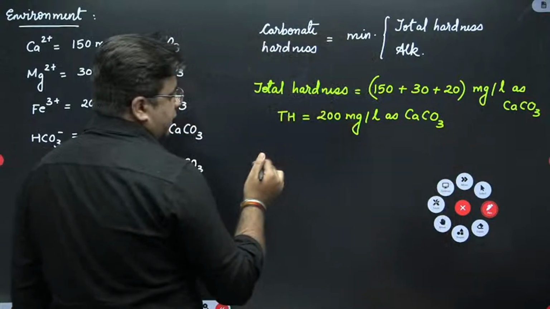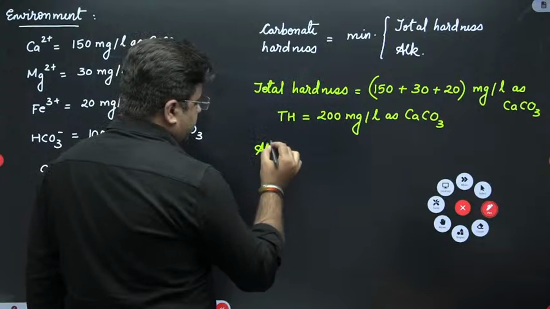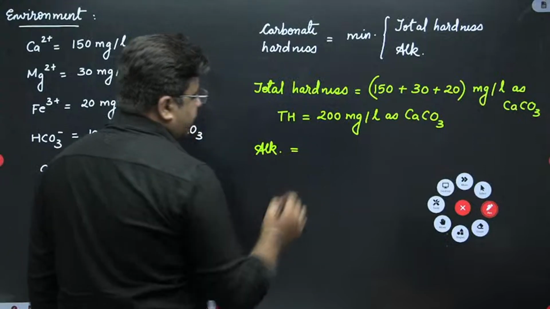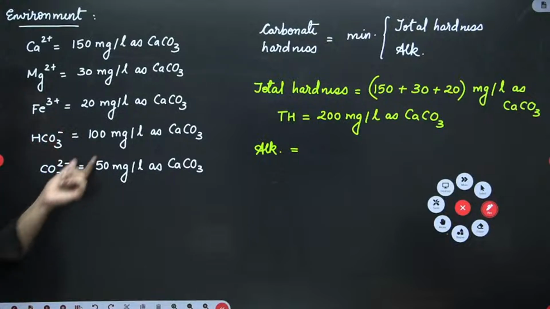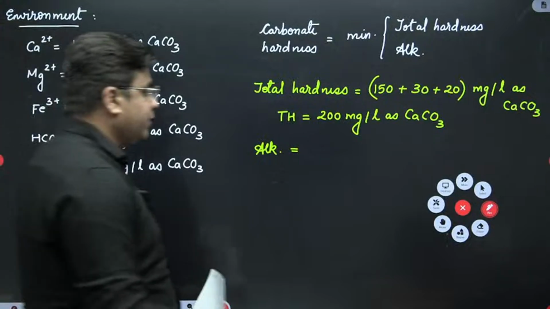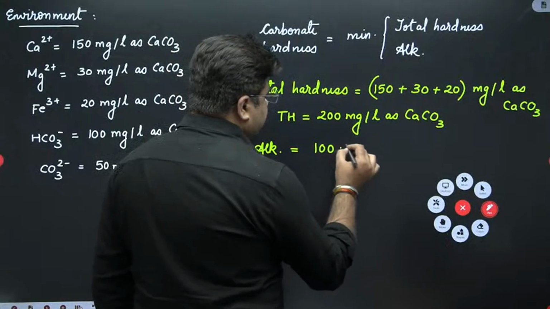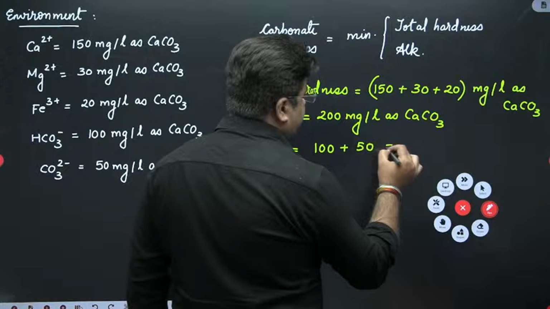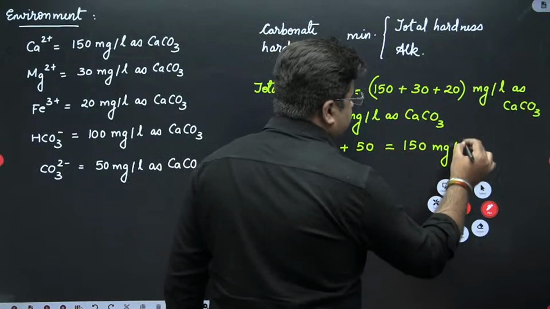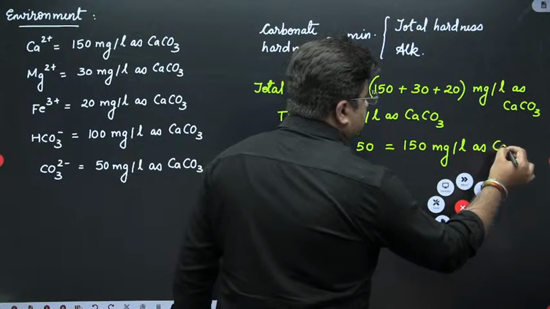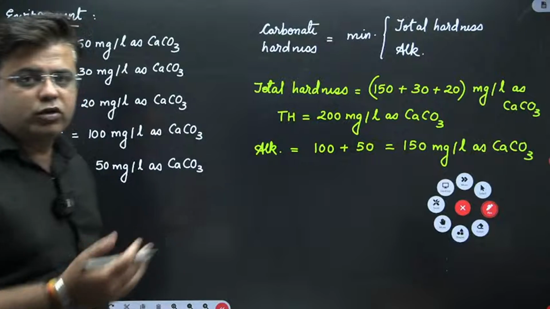Then you have the carbonate hardness, alkalinity. So alkalinity is the property induced by the anions. You can see this, bicarbonate and carbonate ions are going to give you the alkalinity, and the value of the alkalinity will be equal to 100 plus 50, that is equal to 150 milligram per liter as CaCO3. So the minimum of total hardness and alkalinity will be equal to the carbonate hardness.